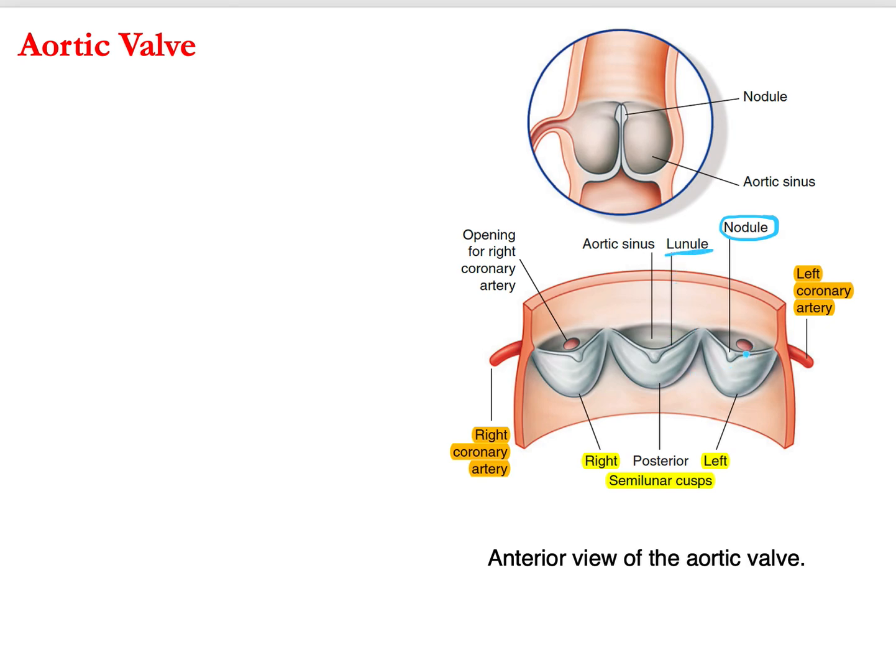But in the aortic valve, we have two openings, one for the right coronary artery and one for the left coronary artery, and those arteries supply the heart itself.